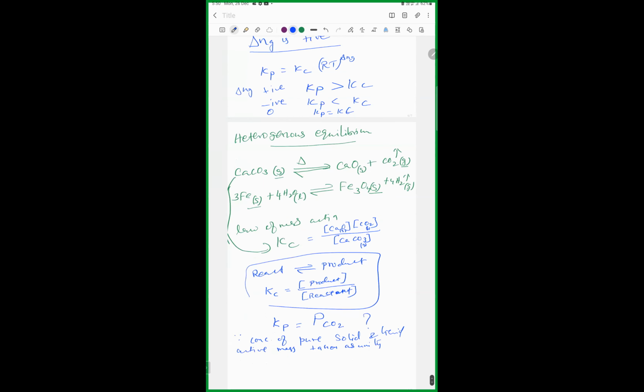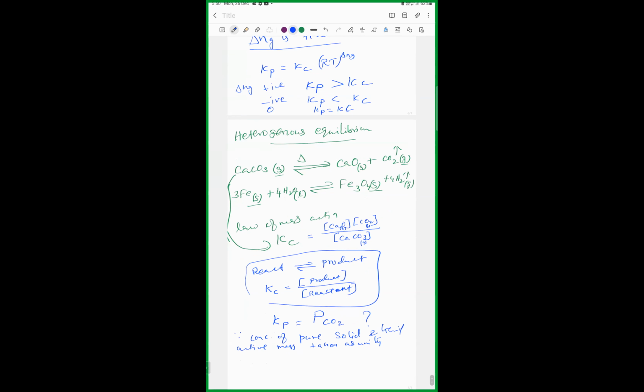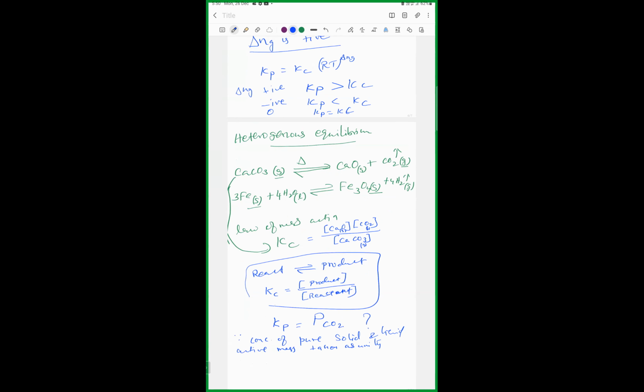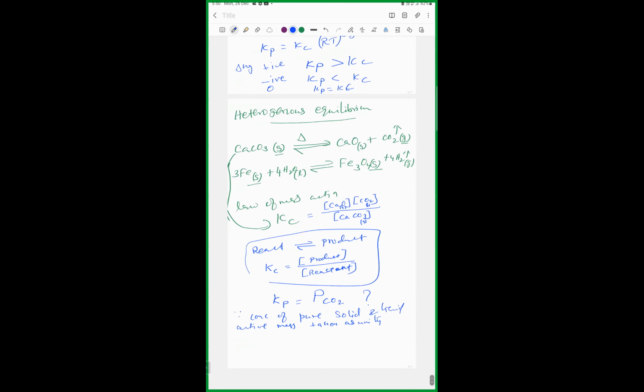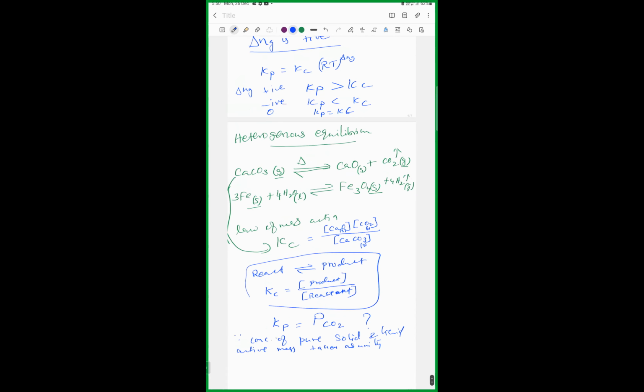In heterogeneous equilibrium, Kc is equal to the concentration of product divided by the concentration of reactant. What do we do when we apply Kp? The relation Kp equals Kc into RT power delta NG was used for a homogeneous mixture. But for heterogeneous, Kp and Kc differ. Why? Kp depends on the partial pressure, the concentration of the gas.